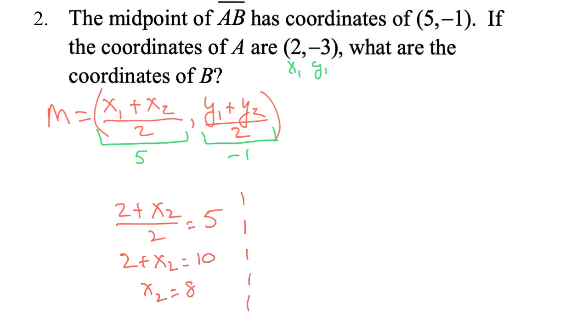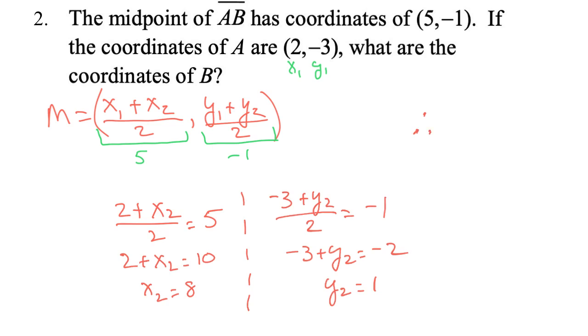Now I'm going to work on my y2. So y1 is -3, plus y2, divided by 2, set equal to -1. Again, multiply the 2 over, we get -3 plus y2 is equal to -2. Then add the 3 over, and we get y2 is equal to 1.